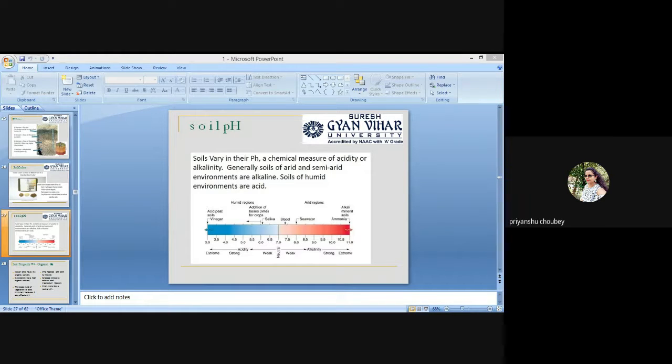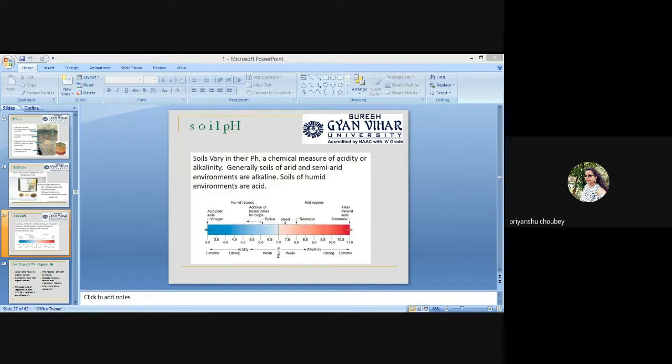Buffering is important for two reasons. First, buffering tends to ensure some stability in soil pH, preventing drastic fluctuations that might be harmful for plants, microorganisms and the aquatic ecosystem.